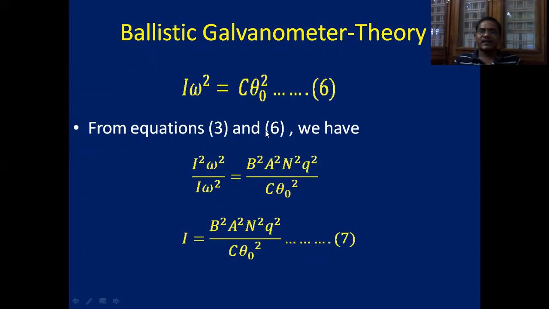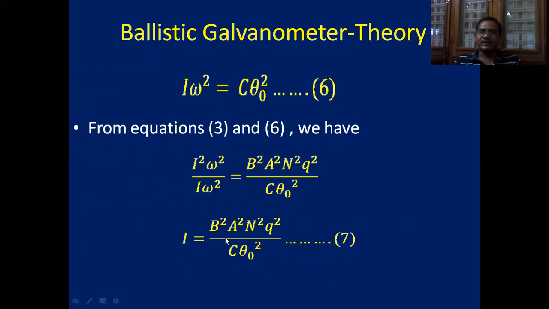From equations 3 and 6, dividing equation 3 by equation 6, we get I square omega square by I omega square equal to the right side B square A square N square Q square by C theta naught square. On the left side, I cancels, omega square cancels, only I is left.